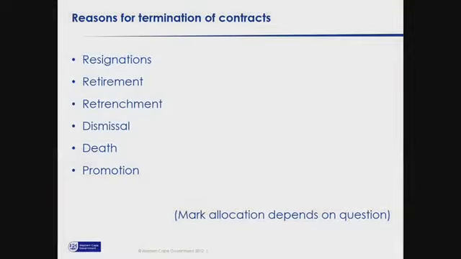And the next one is dismissal. Dismissal takes place when you are dismissed or fired, as a lot of people like to put it. You are dismissed for a valid reason. This could be because you have done something that is illegal or unethical, and it goes against the policies of the business. There must be a valid reason as to why you were told that you are no longer going to be employed by this particular business.